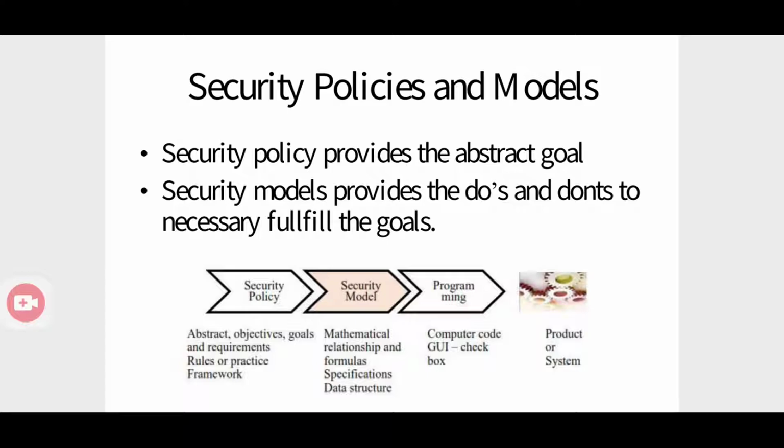And to build the product using the security policies and security models, we can use some programming methods. Finally, what we get is a product or a system which includes all the security policies. Clear?